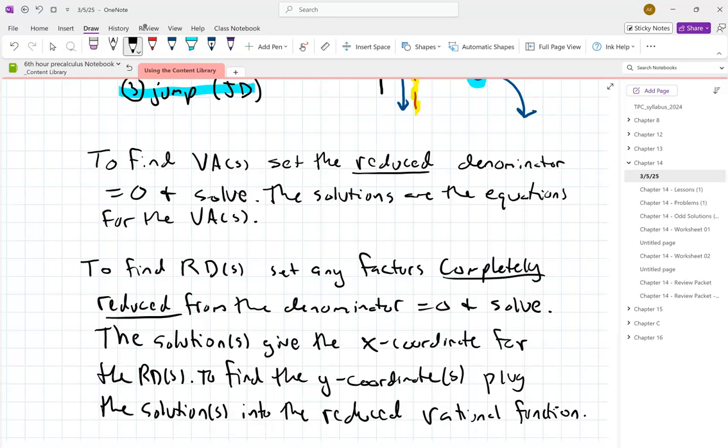And those solutions are just going to be our equations for the vertical asymptotes. So like x equals 2, x equals 5, whatever. Those are the equations for the vertical asymptotes. Because remember, vertical line starts x equals, right?